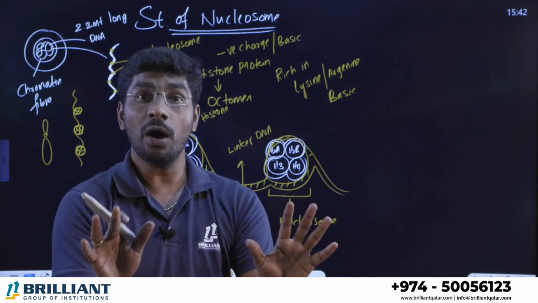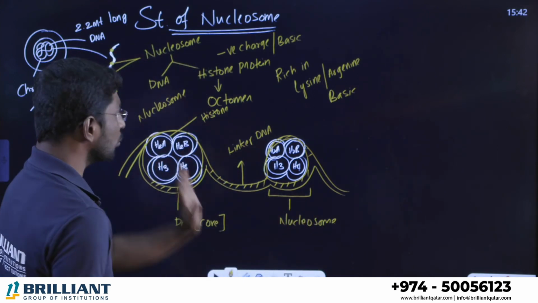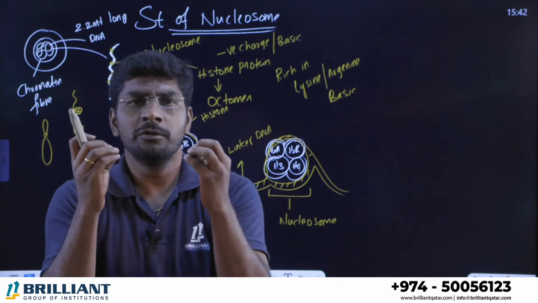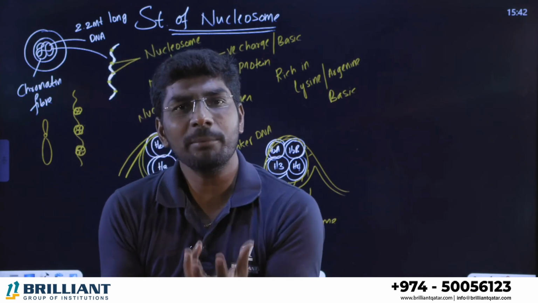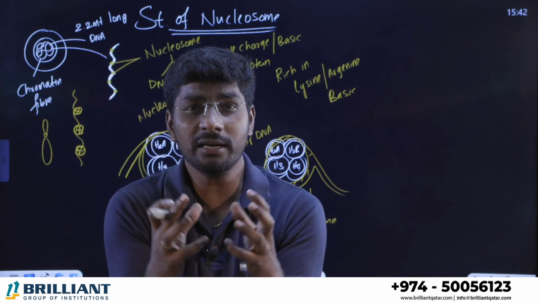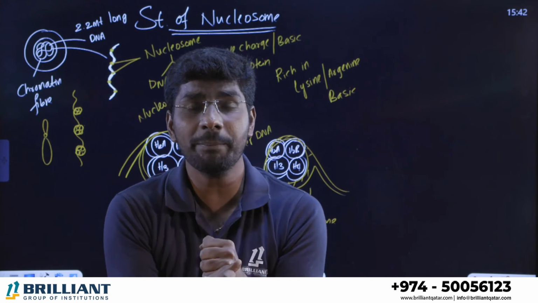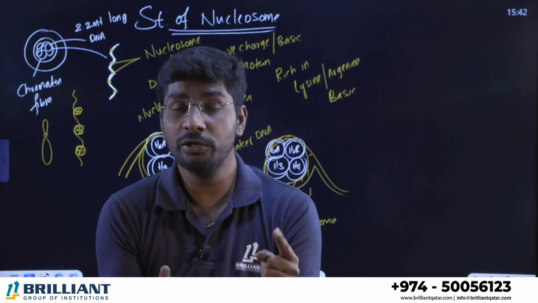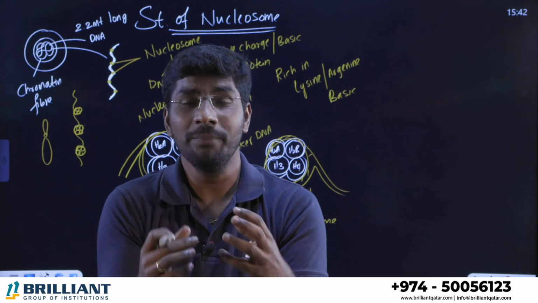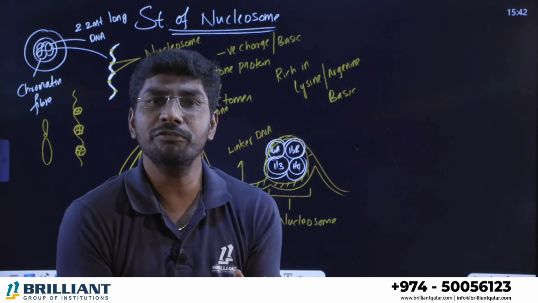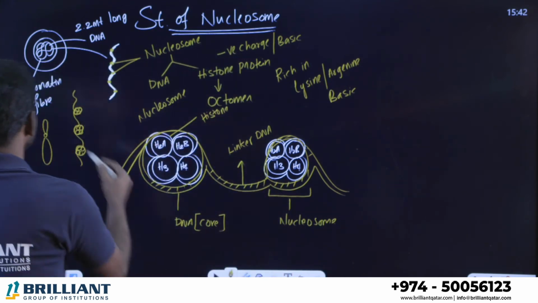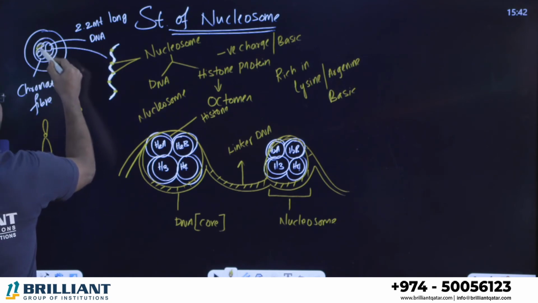Am I clear, students? Now inside the nucleus there are two different types of DNA. A little amount of DNA is darkly stained, tightly packed. Once again, I'm telling you, in the nucleus, some amount of DNA is darkly stained and tightly packed.